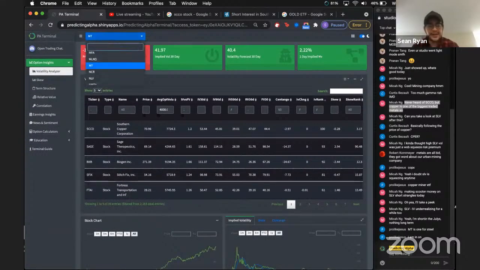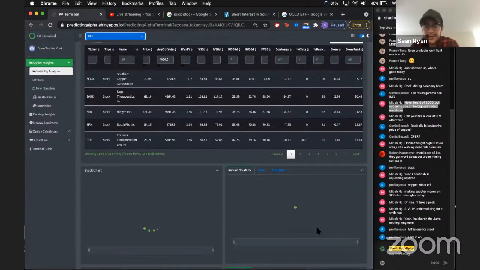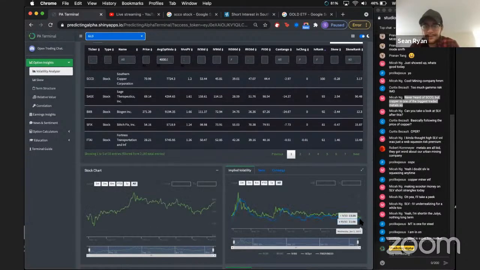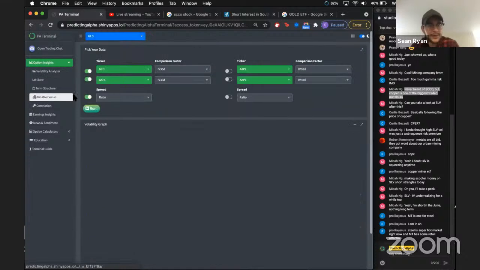So let's go to GLD here for a sec. Do we see something similar happening in this space? Nothing as crazy, but it has outpaced GLD and SLV.